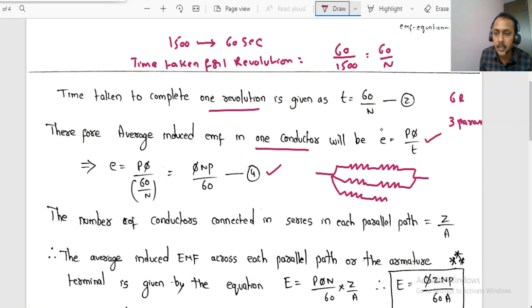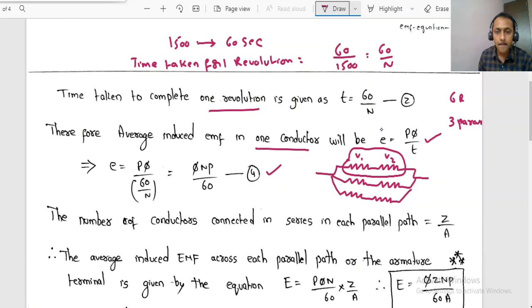Then in each parallel path there are 2 resistors in series. If there is a voltage drop of V1 across the first resistor and V2 across the second resistor, the total voltage drop in series connection will be V1 plus V2. Similarly, across all the parallel paths the voltage will be the same. So if we know the voltage induced in one parallel path, then in parallel connection the voltage will be the same.